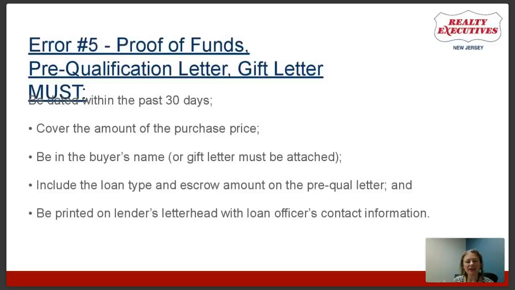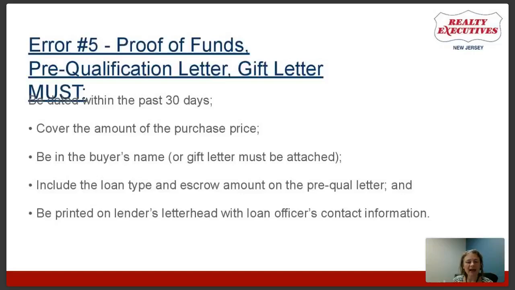If there is a gift letter, the gift letter must be attached to the package. Let's also talk about the type of loan. If somebody is borrowing money to purchase the property, then the type of loan that they are obtaining has to be included in the pre-qualification or pre-approval letter. And the name of the purchaser or buyer has to be included.